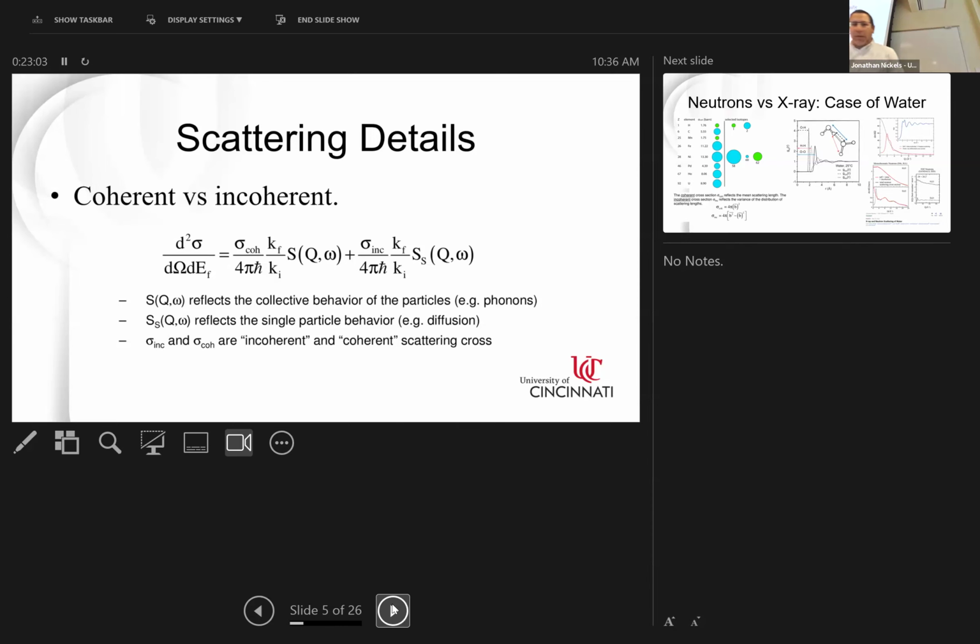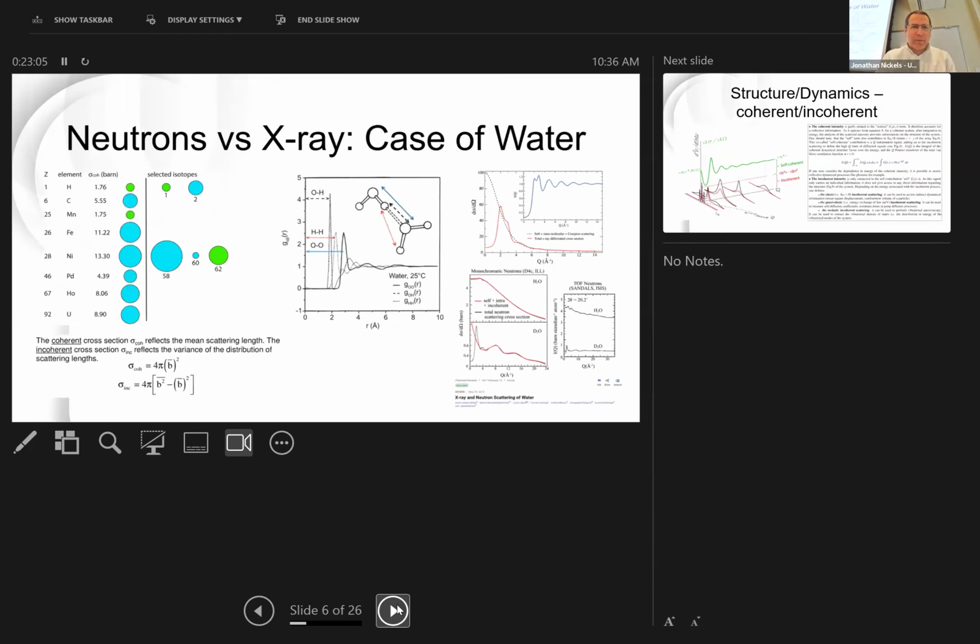All right, so self versus paired. I've said most of this already, but this is talking about the scattering lengths for different elements. Whereas X-rays scatter from the electron density, right, as atomic number goes up, the scattering length of that element goes up for an X-ray. Neutrons are sensitive to the nuclear structure, okay?